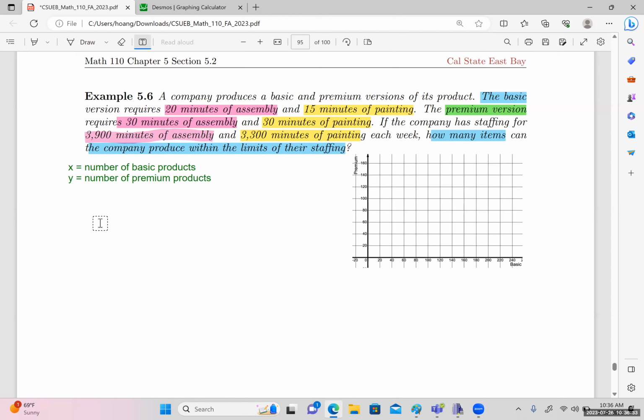So according to the information above, for assembly, we have up to 3,900 minutes, which means you can work less than or equal to it.